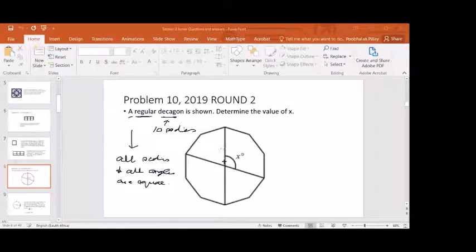So it means now that this center here is the same distance from all the vertices. I'm going to join the center to all the vertices. In fact, when I join it like this, it actually goes through the opposite vertex.